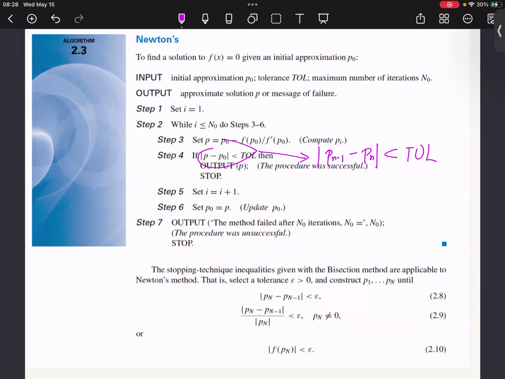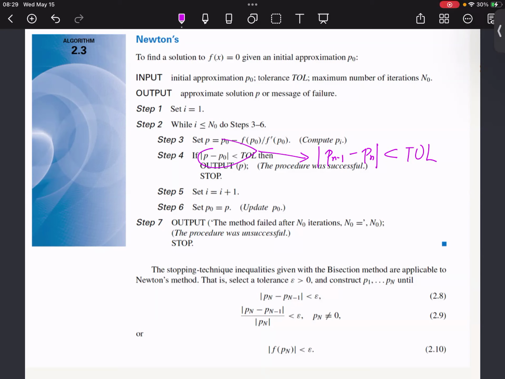But here you just need 2 numbers throughout the iterations, and that is just Pn minus 1 and Pn. Actually, the P0 here corresponds to Pn minus 1, and the P here corresponds to the current iteration's number Pn. Does that make sense?